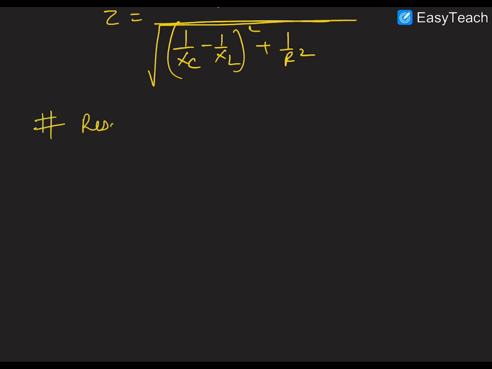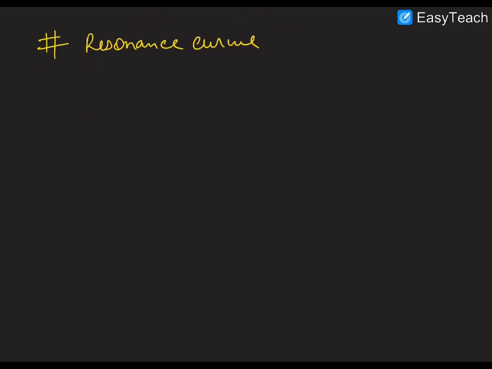So the resonance curve in this case will be drawn between the current I naught and, on the x axis, omega. So this is I naught and this is omega.